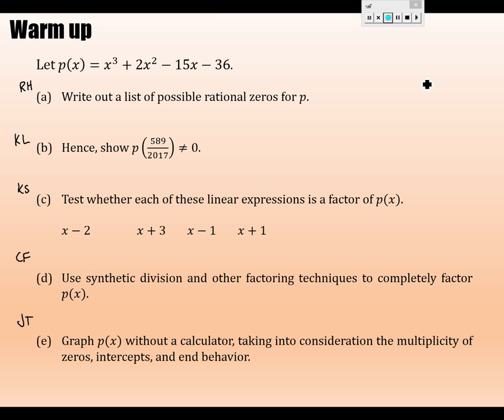By the way, in B, I didn't quite understand your answer. Kevin? I didn't quite understand what you meant. Can you explain? Okay, so what's the 589?